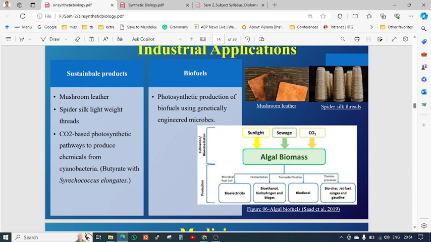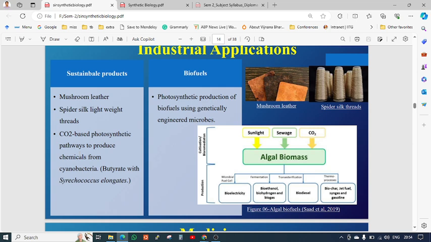CO2-based photosynthetic pathways to produce chemicals from cyanobacteria. These are also applications, CO2 reduction. We know that carbon dioxide is the most evident greenhouse gas found in the environment. So if the level of carbon dioxide increases, then obviously global warming, climate change, all this happens. So how can this carbon dioxide be reduced?